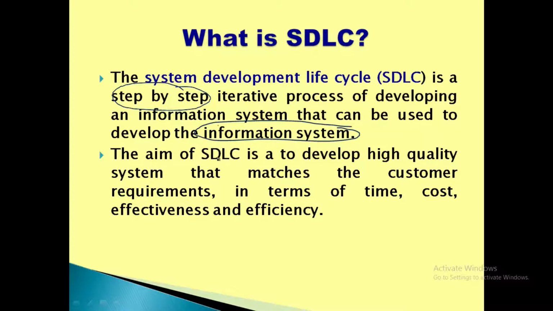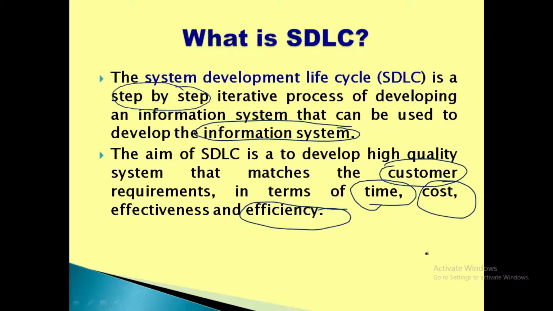Now, what is the aim of the SDLC? It is to develop the high quality system so that it matches the customer requirements. Number one, it is time effective, that is, it must be made within the time limit, it has to be cost effective, and it has to be efficient in terms of working.